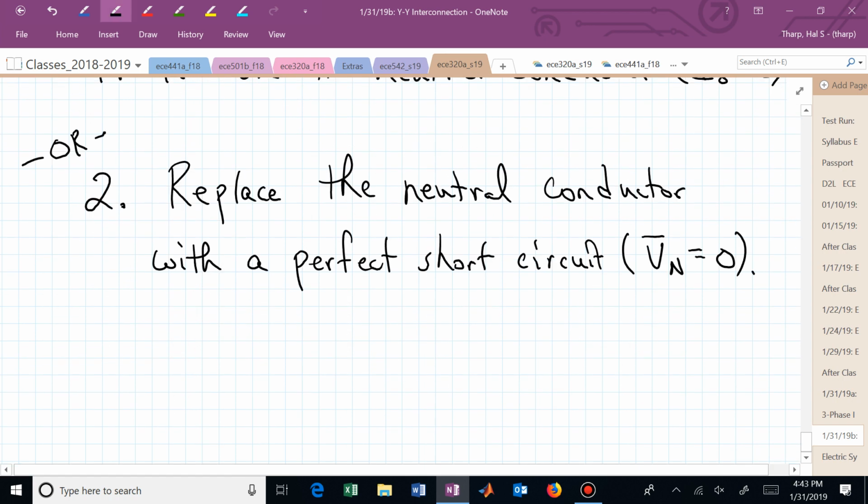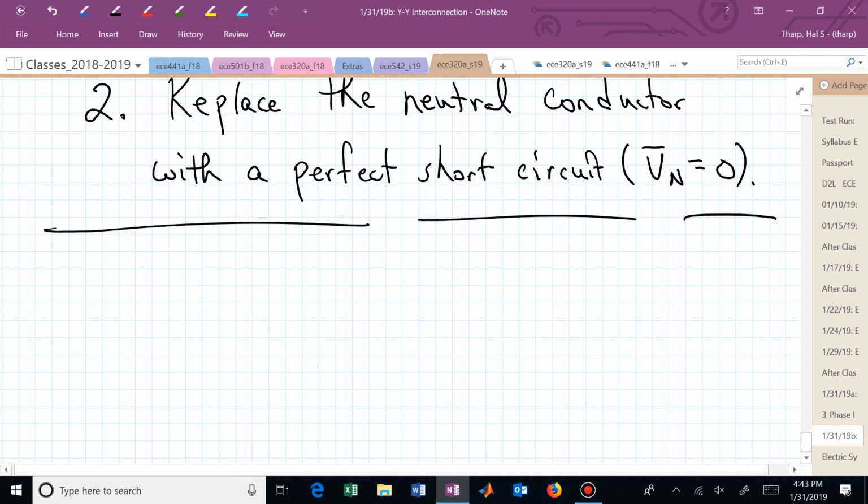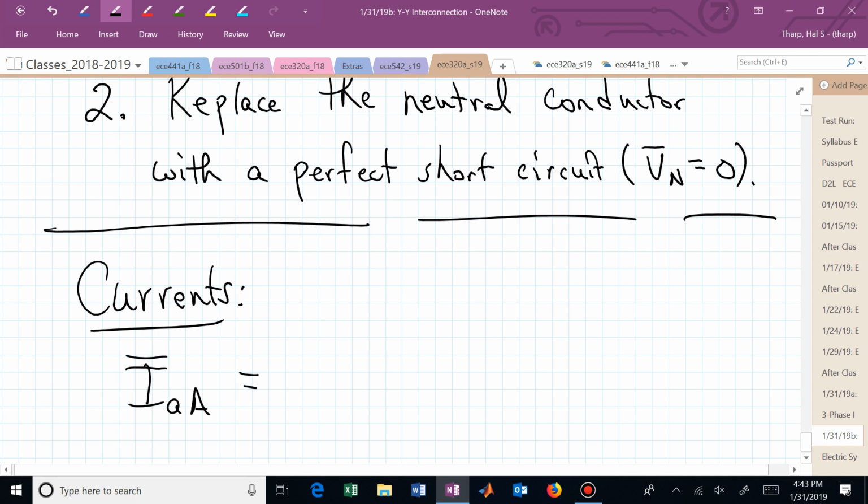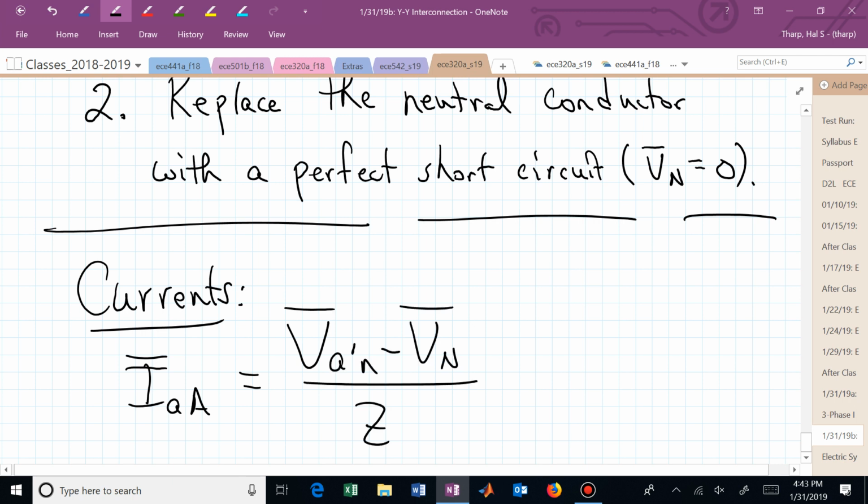What are our currents if we have a balanced system? What's I sub little a big A? That we said was V A prime N minus V sub capital N over Z sub phi.